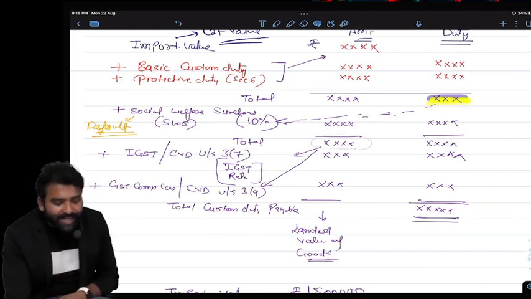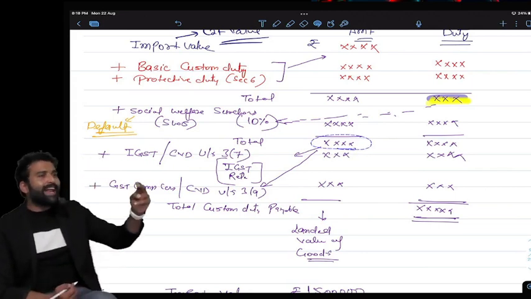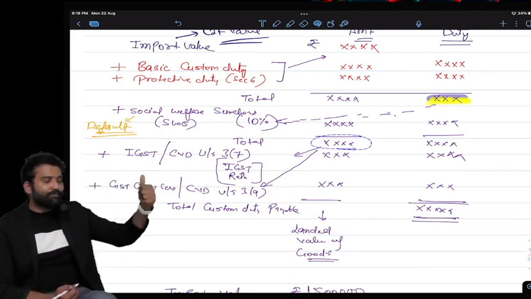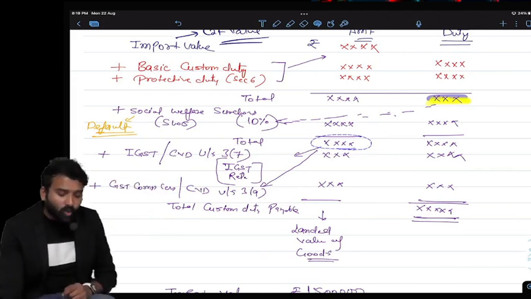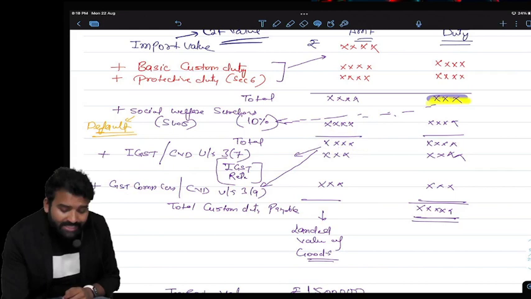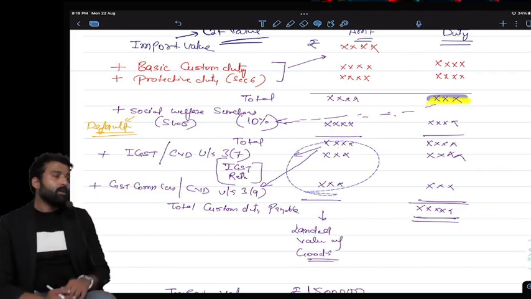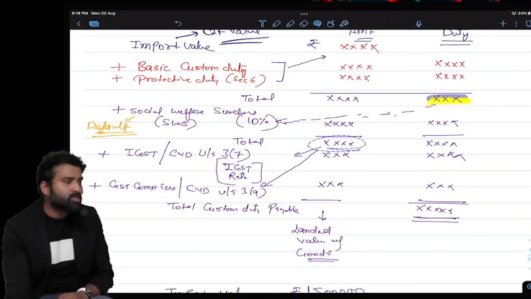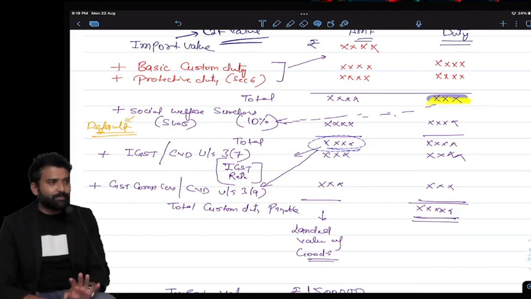Again the same value on which I am calculating the 3.7. So on the CIF plus basic customs plus protective plus SWS, on the total value I have to calculate CVD 3 subsection 7 and CVD 3 subsection 9. Both duties will be calculated on this total amount. I will be giving you the example.